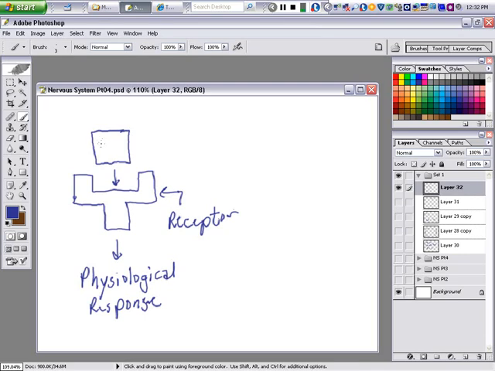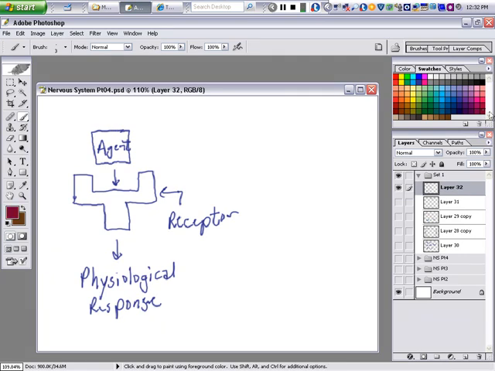So this could be any agent, any chemical. If an agent binds to a protein and there is a physiological response, that protein to which it binds is a receptor.